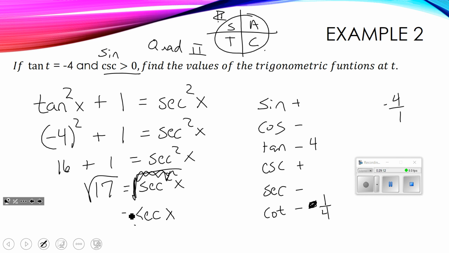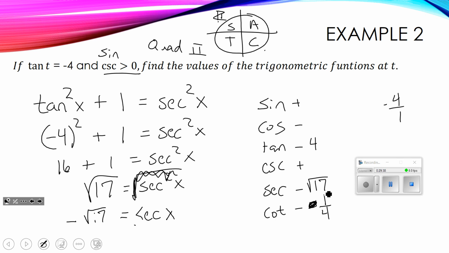All right, so this is going to be equal to plus or minus square root of 17. Now, if square root of 17 can simplify, you guys simplify it. But 17 can't simplify, so we're just going to leave it as square root of 17. So my question is, is it negative square root of 17 or positive square root of 17? We want negative square root of 17 right here.